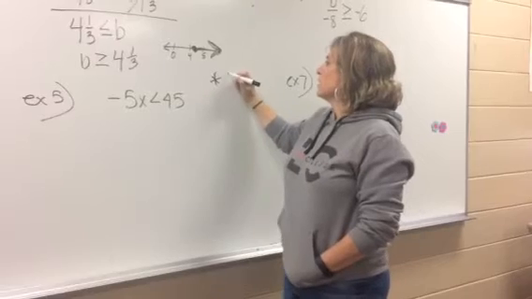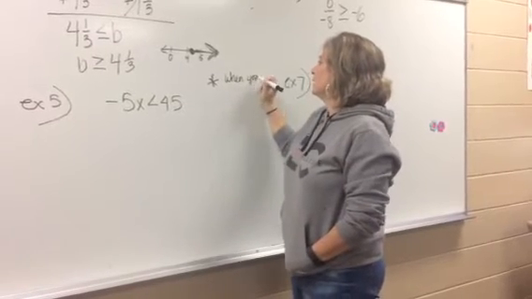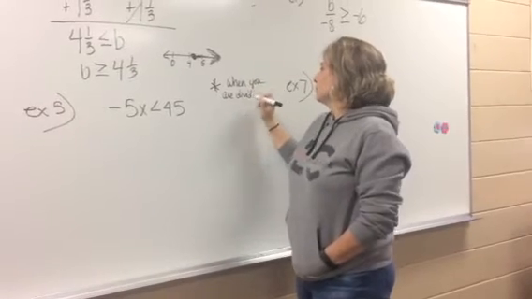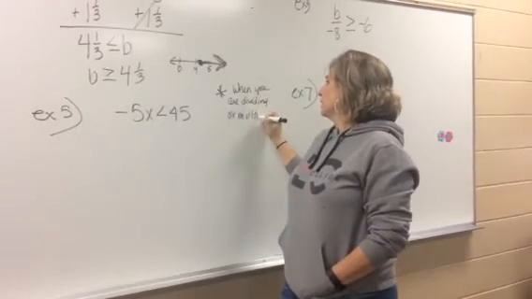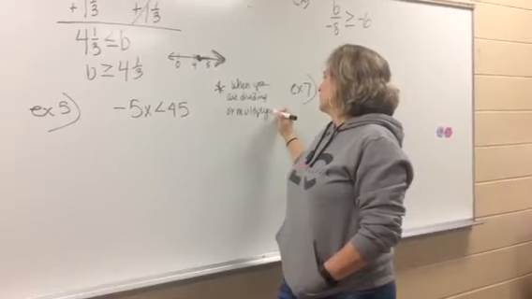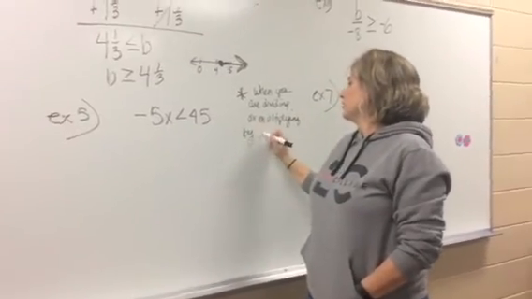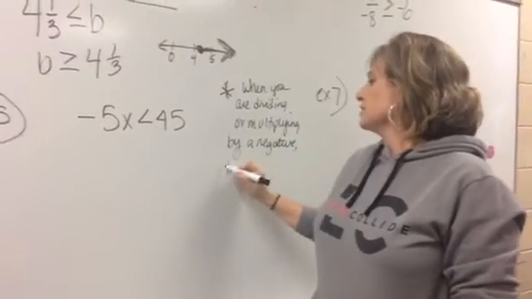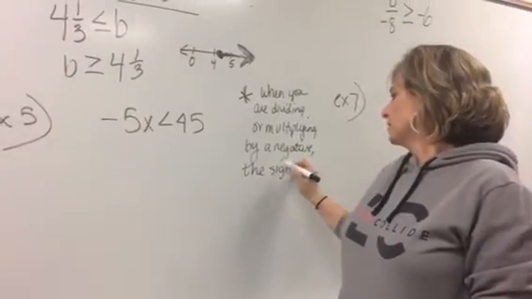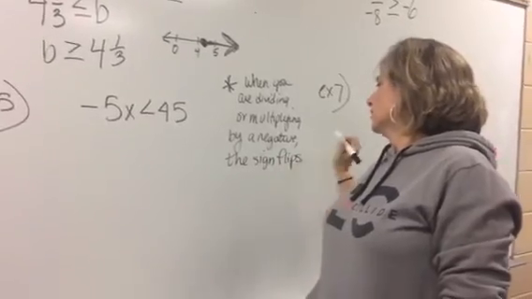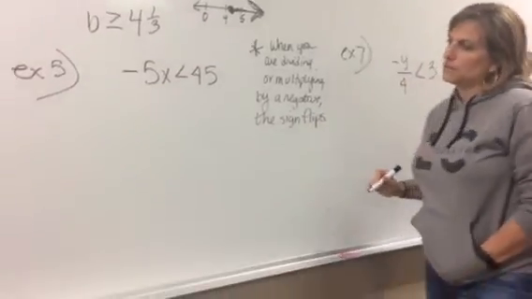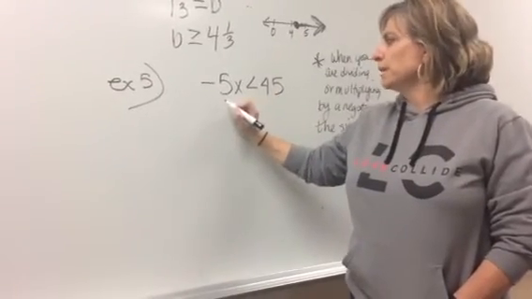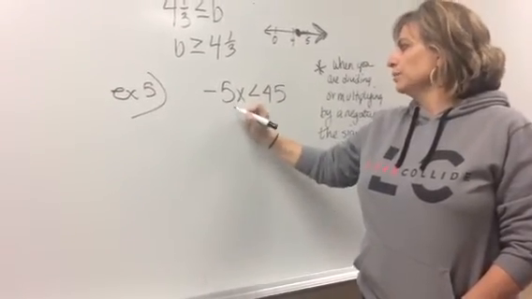Okay, the rule is when you are dividing or multiplying by a negative, and you are writing this down into your notes, the sign flips. This is the biggest thing that you're going to forget when you're doing these problems. When you are dividing by a negative, when you are multiplying by a negative, the sign will flip.